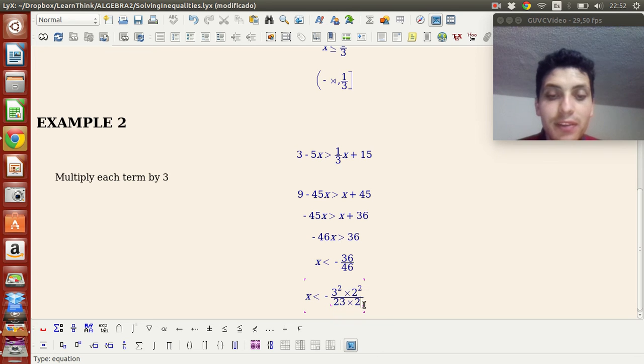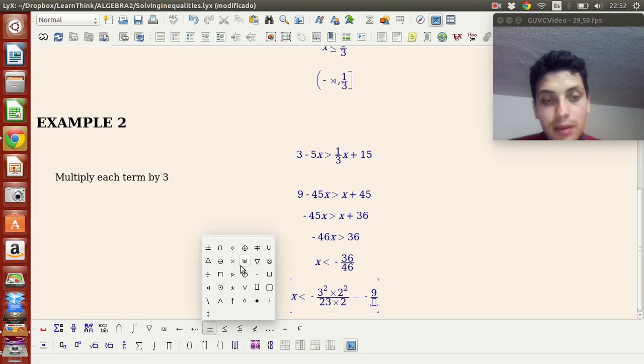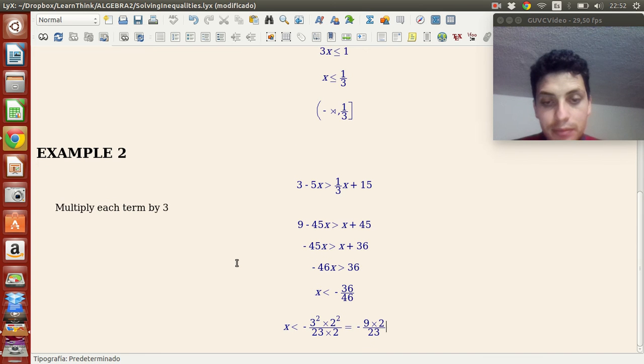So we can simplify this 2 with one of these 2s here. I'm writing equal because this side is equal to this side: negative 3 to the second power is 9, times 2, divided by 23.